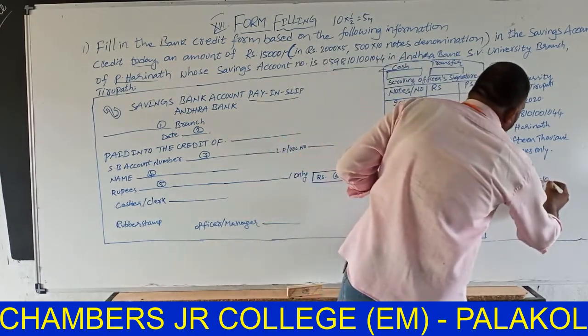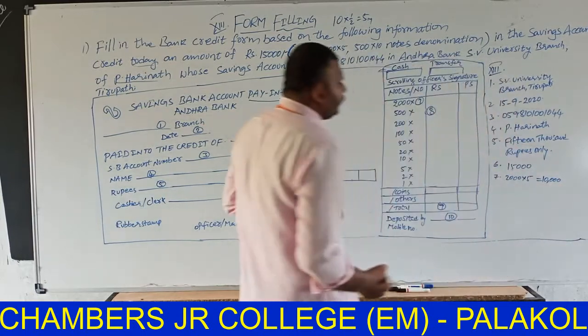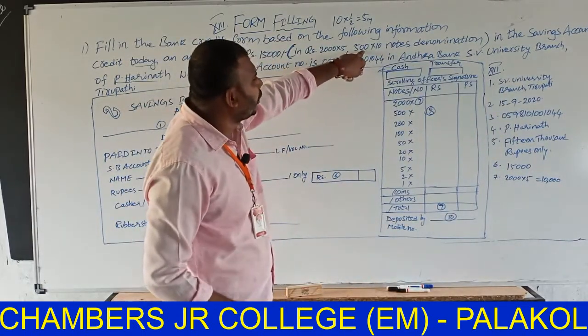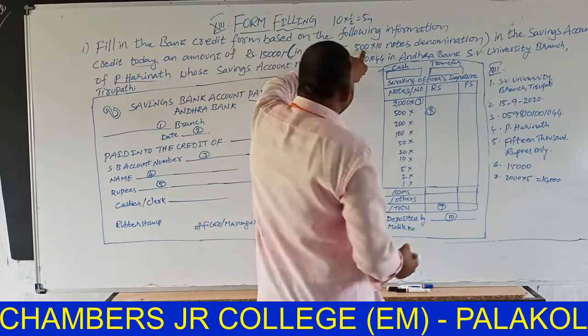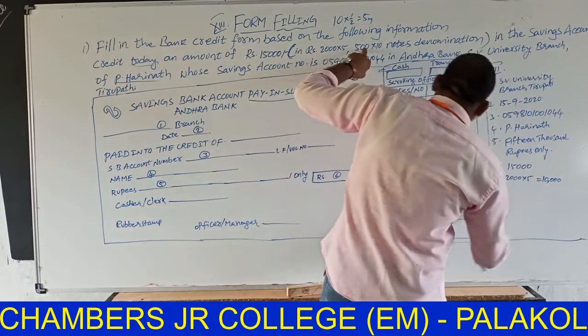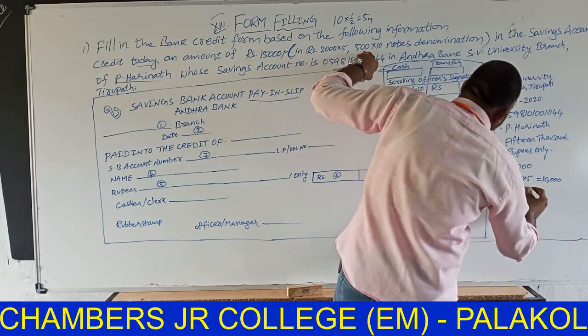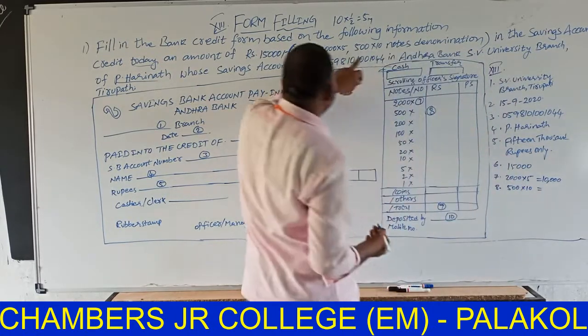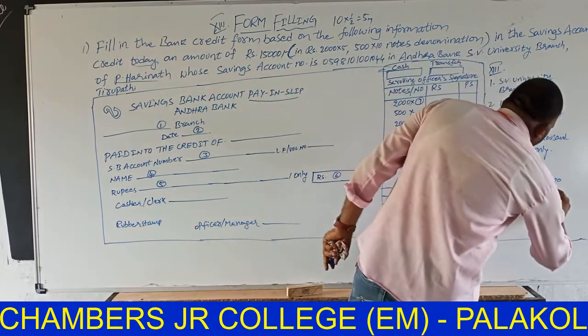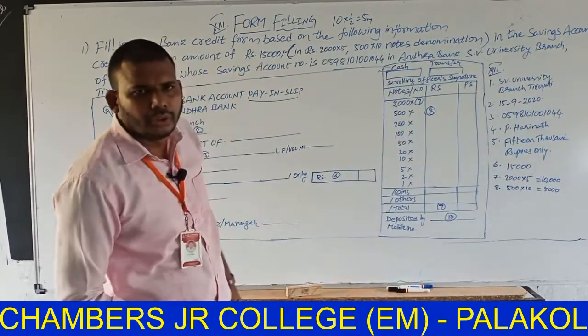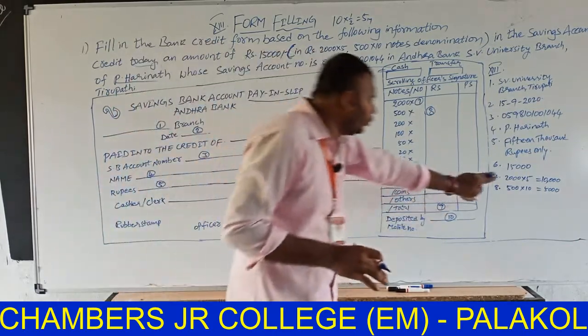Lower is 10,000 rupees. Okay? And how many notes of 500 are mentioned here? 10. So here, before again a number, we need to write 500 into 10. So 5 into 10, 5,000. Got it? So you should write like this.